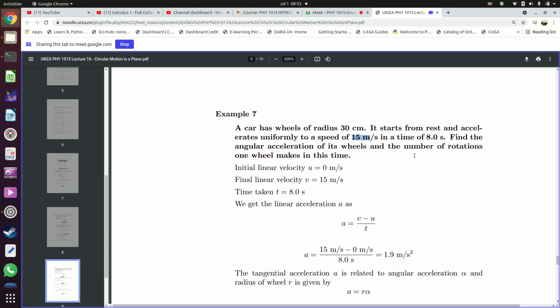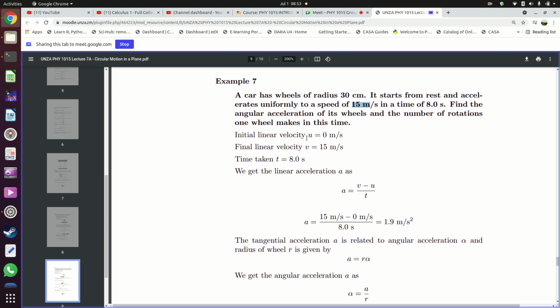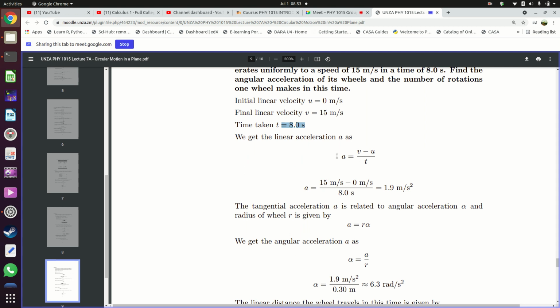So the initial velocity u is 0 meters per second, the final velocity v is 15 meters per second, and the time t is 8 seconds. With this we can work out the acceleration: a is equal to v minus u divided by t. So a is 15 meters per second minus 0 meters per second, divided by 8 seconds, and we get an acceleration of 1.9 meters per second squared.